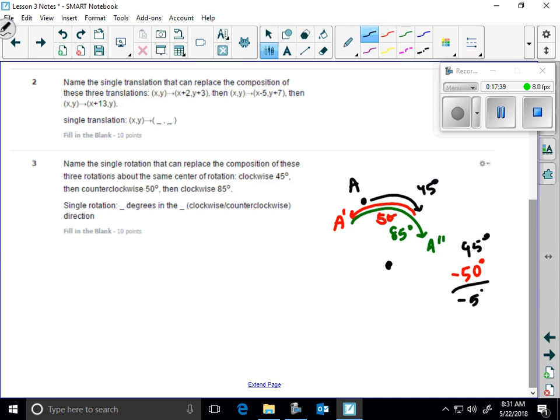I have negative 5 degrees. But then I added 85 to that. So what am I left with? 80 degrees clockwise. Just adding those up, composition.